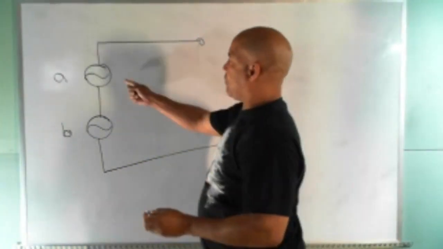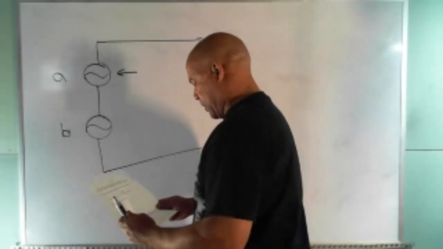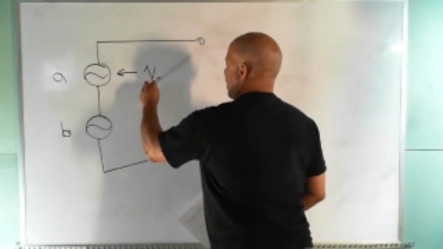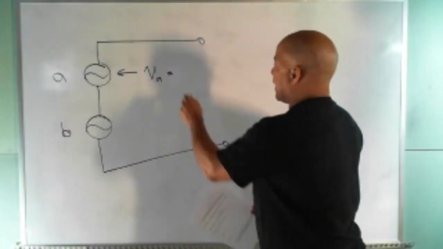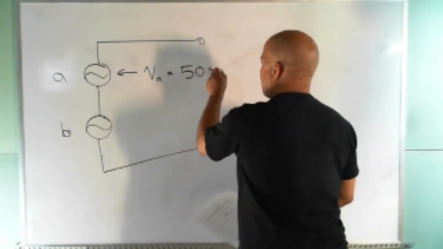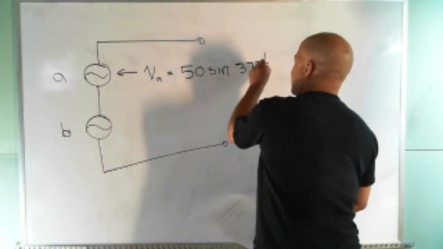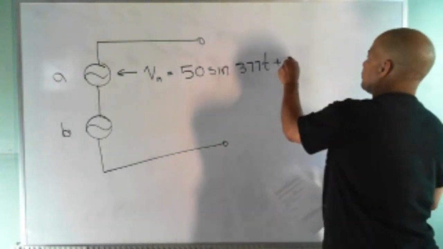And then they give you this voltage, given by the function VA equals 50 sine(377t + 30 degrees).